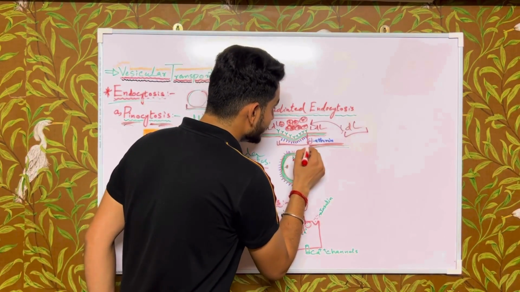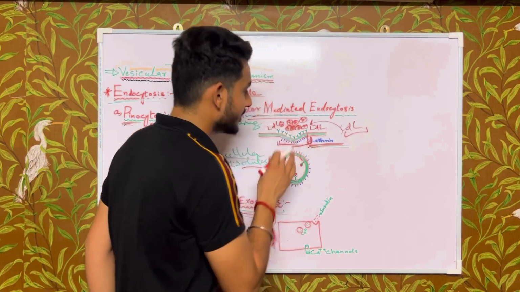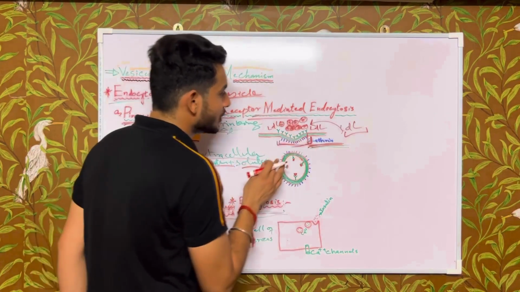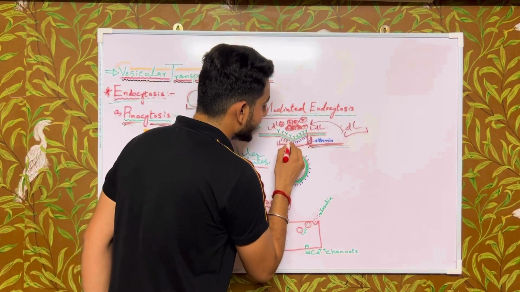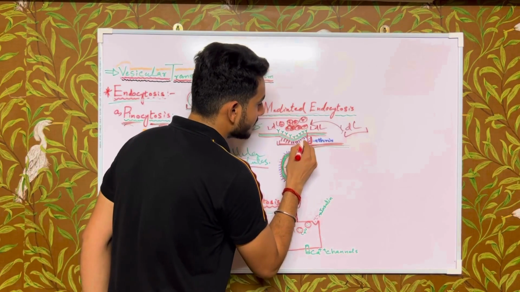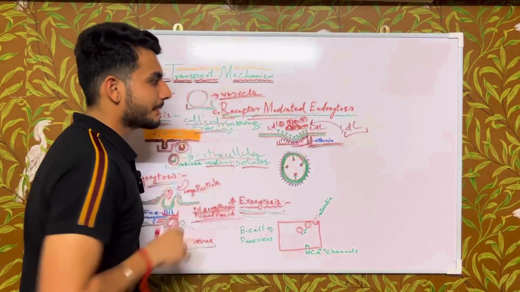a special type of protein known as clathrin binds with the inner part of the membrane. What happens?